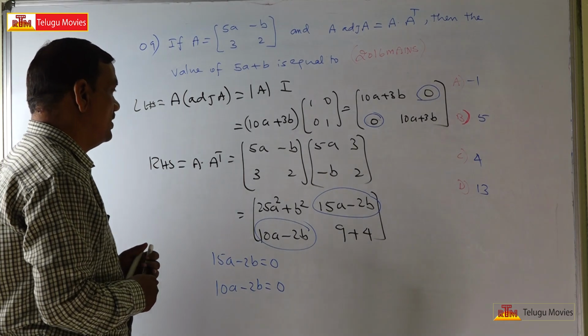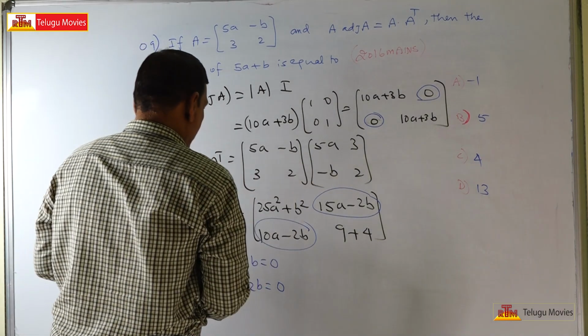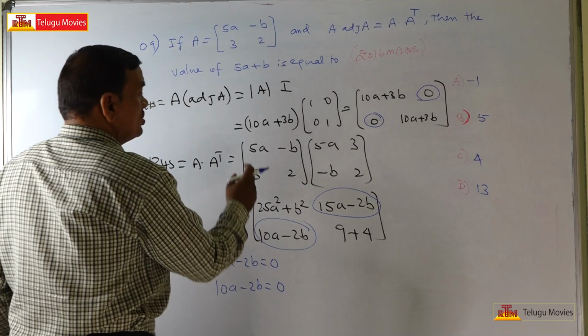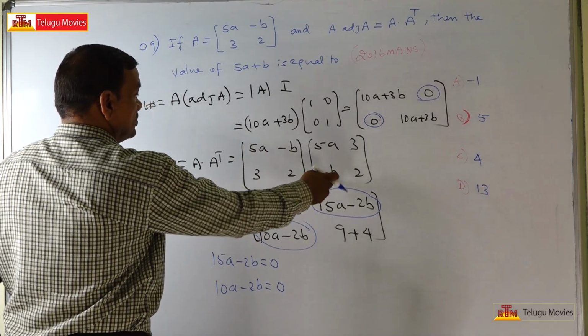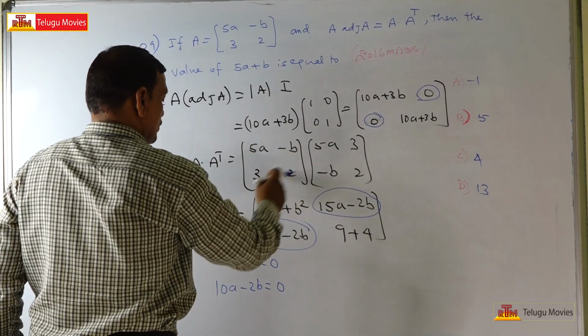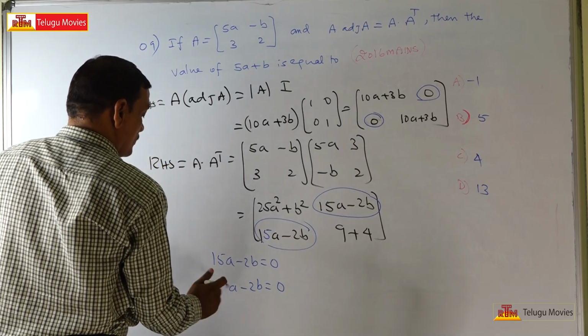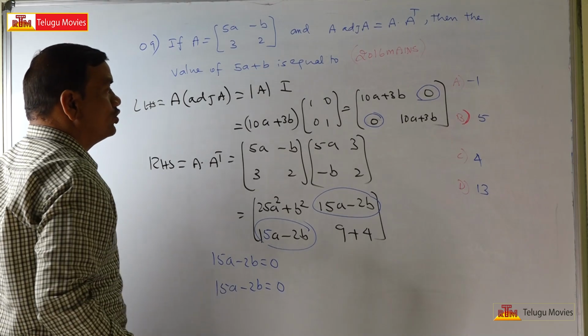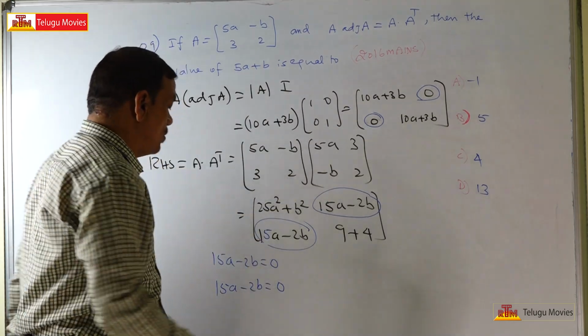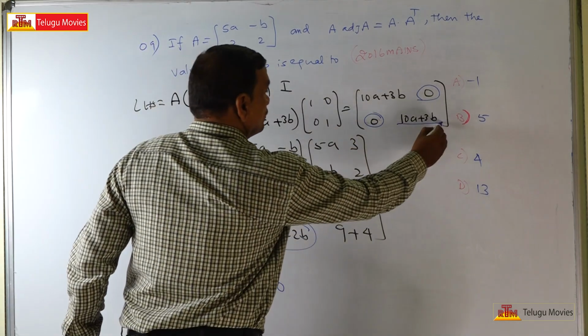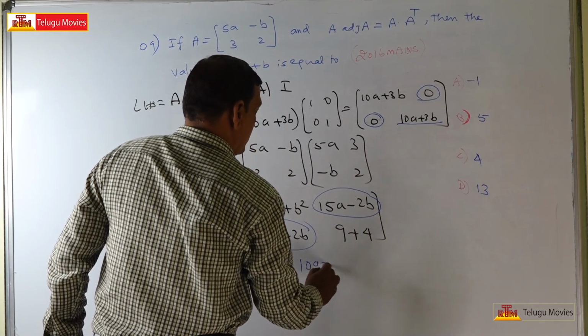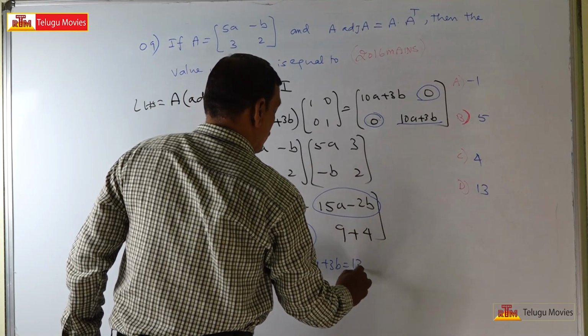Okay, 3 5s are 15A. You just multiply: 25A square plus B. So 3 5s are 15A. 15A minus 2B is also equal to 0. One more equation: you add these two, so this is equal to 10A plus 3B is equal to 30.